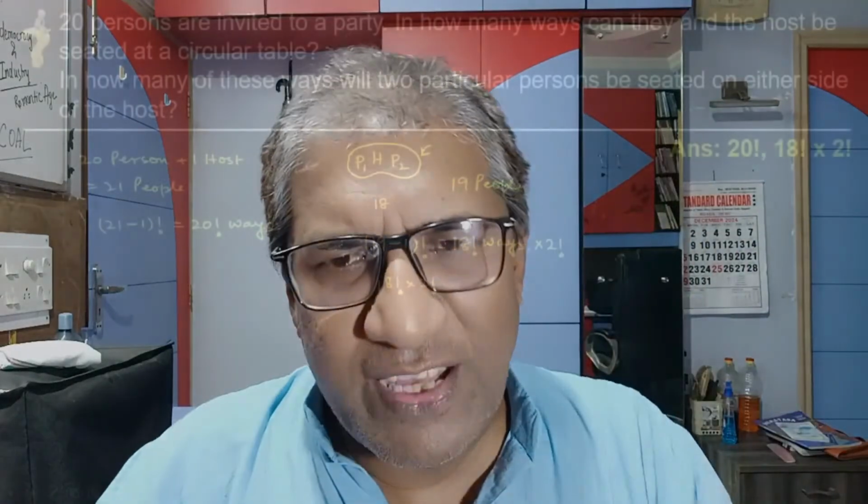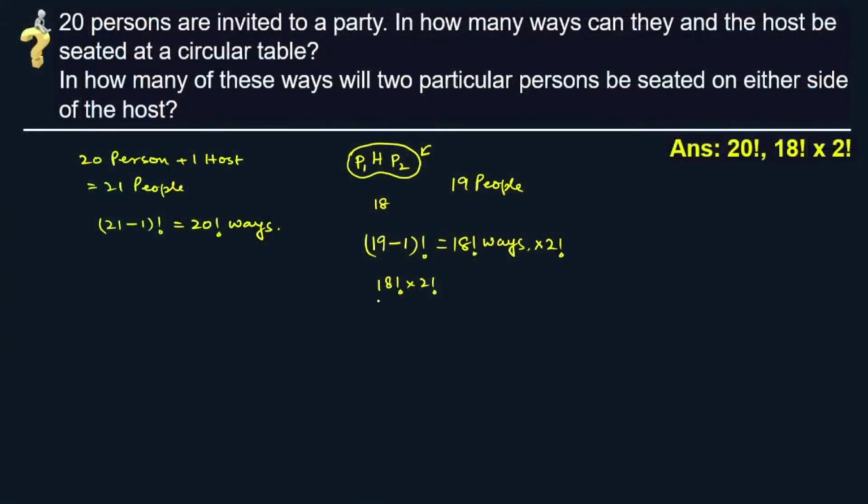So they can arrange on the circular table in 19 minus 1, that is factorial 18 different ways. But P1 and P2 can interchange their place, and that can be done in factorial 2 different ways. Is it clear? Therefore, the total number of ways will be factorial 18 into factorial 2. That's your answer. Is it clear? Okay, let's take another problem.